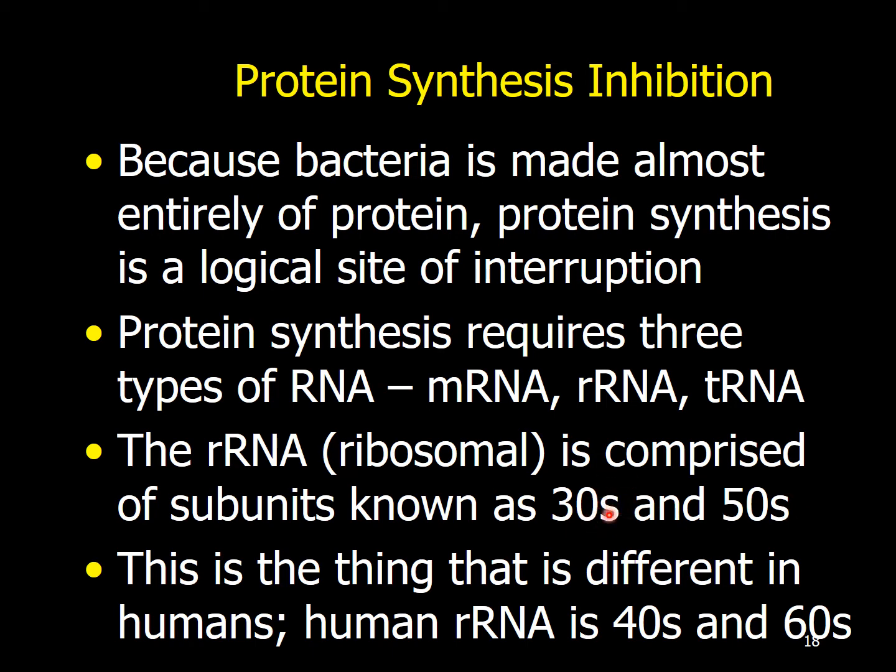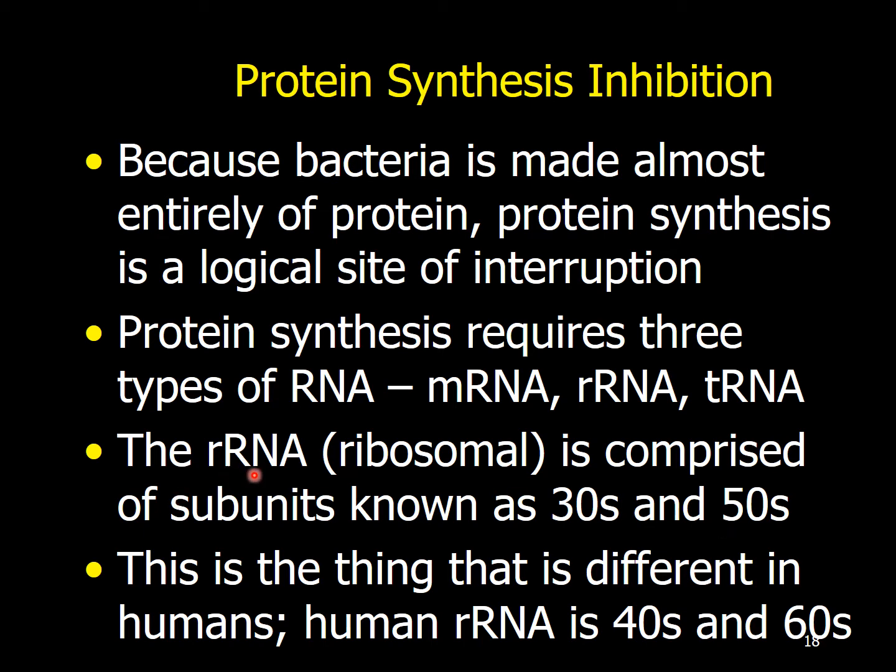I guess Dr. Svedberg was the person that counted how quickly a ribosome moved through a centrifuge. It's related to its mass, but the 30 and the 50 aren't weight. They aren't mass. They are Svedberg units. It matters, and I'll tell you why in a minute.